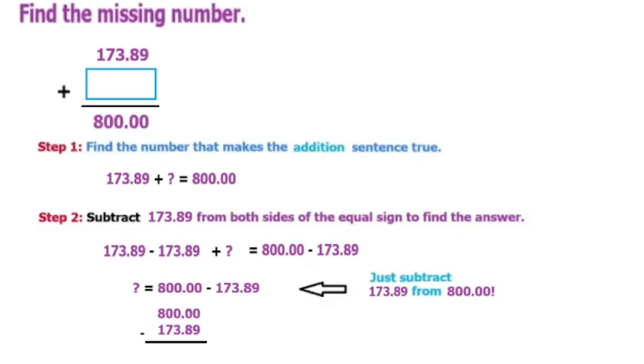So let's subtract. So 0 minus 9, we can't do it. We can't borrow anything from here. We can't borrow from here. We can't borrow from here. We can borrow from here. So 8 becomes a 7. All these other zeros become a 9.